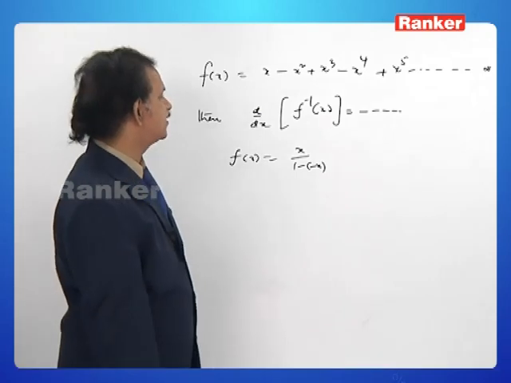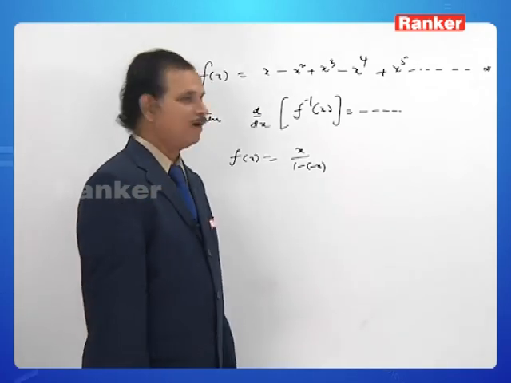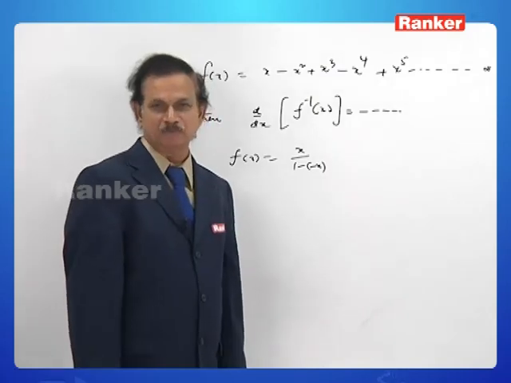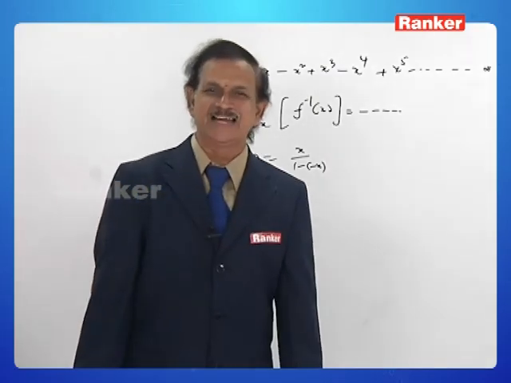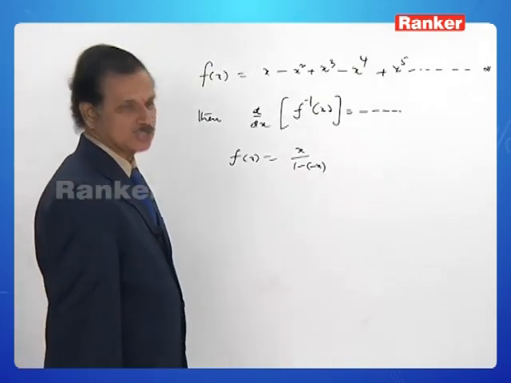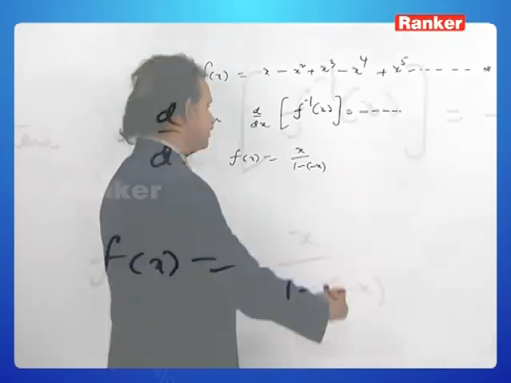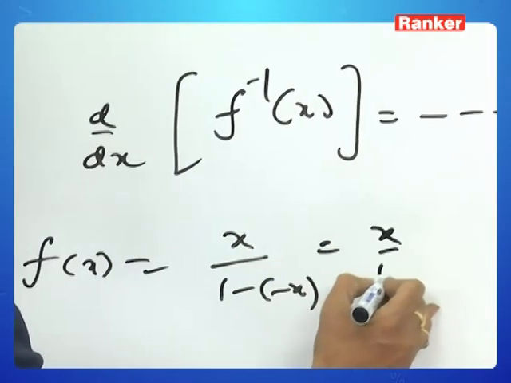You see, the common ratio is minus x. Mod x is less than 1, isn't it? So mod minus x is also less than 1 because mod x is nothing but mod minus x. So we will be able to use the formula a by 1 minus r. A is x, 1 minus r is 1 minus of minus x, that is 1 plus x. The f of x is x by 1 plus x.